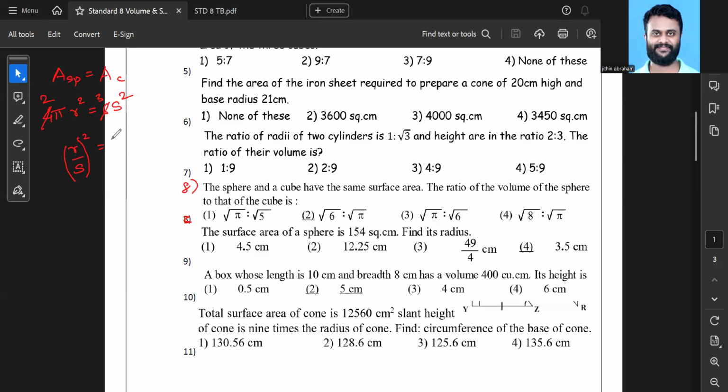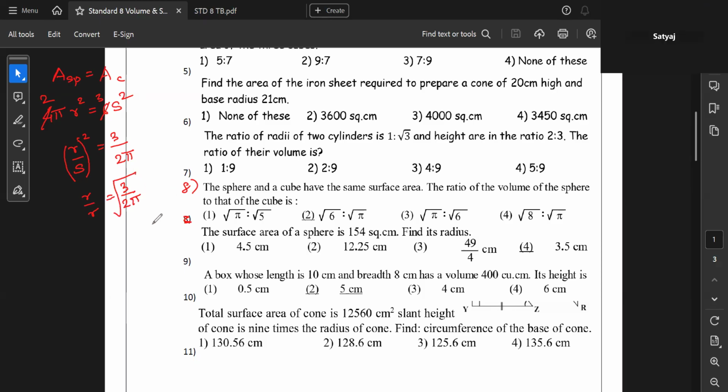Can I do that? On the other side, I already have 3 in the numerator. Over here, I have 2 pi. I take it to the other side, it goes to the denominator. Do you understand so far? Now that gives me r upon s is equal to 3 by 2 pi, the whole square root. You wrote R on R. Oh, okay.